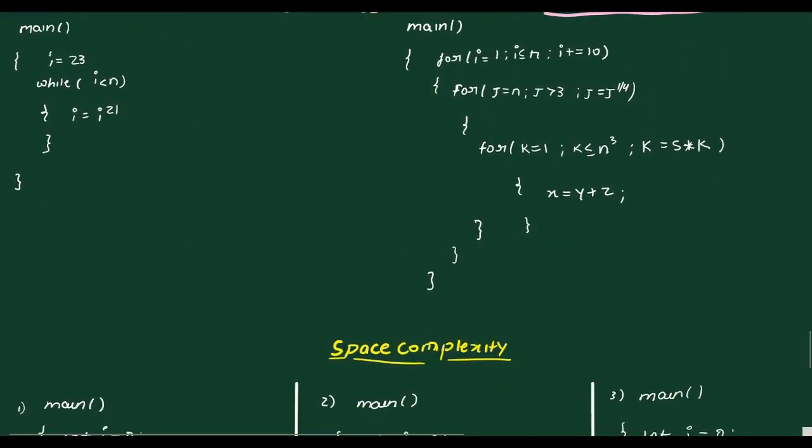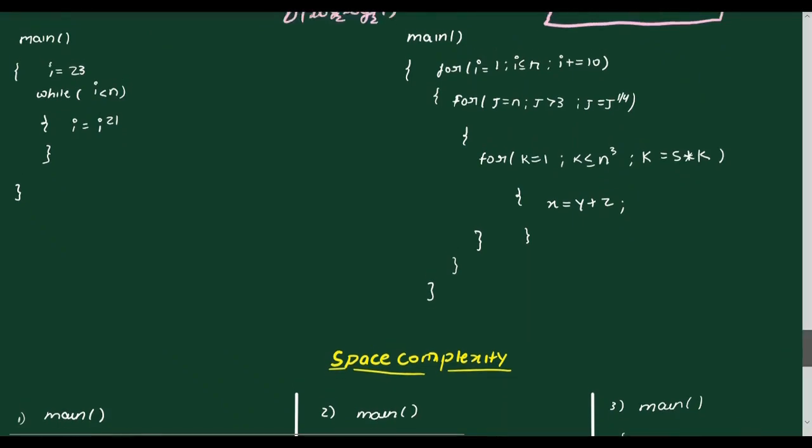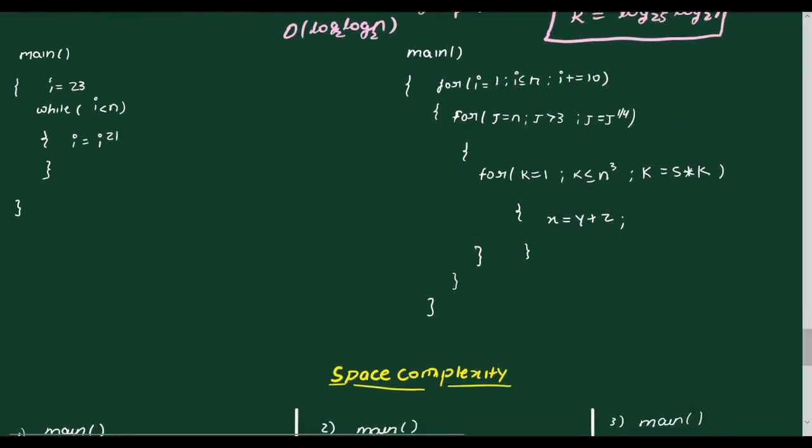Okay, so let's see this particular problem. Here, I starts from 23, and each time we are raising it to the power 21. So it will be 23 to the power 21, then 23 to the power 21 raised to the power 2, and so on.